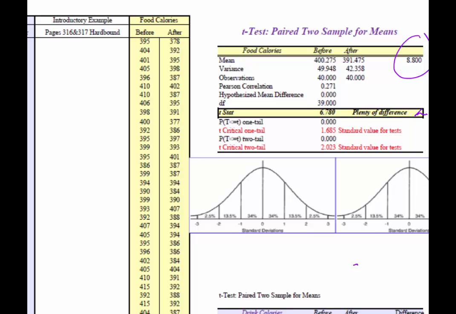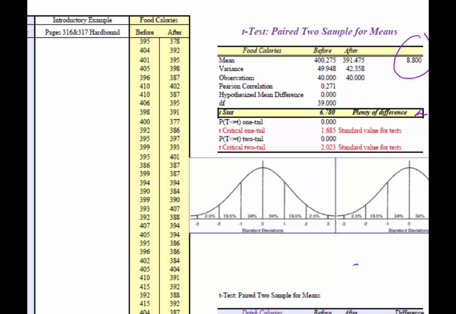So the t-statistic is what we're looking for. That is essentially the z-value for all intents and purposes, if you want to think about it that way. There's about 6.7 standard deviations between the two means of our groups, thus they don't overlap, essentially, if you want to think about it like that.